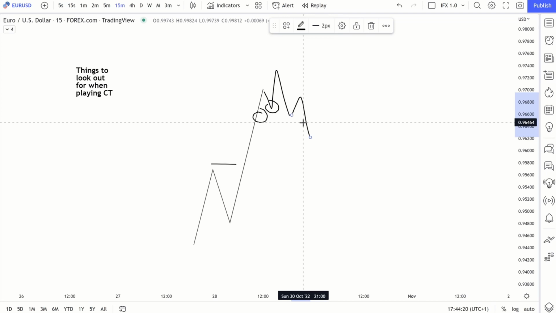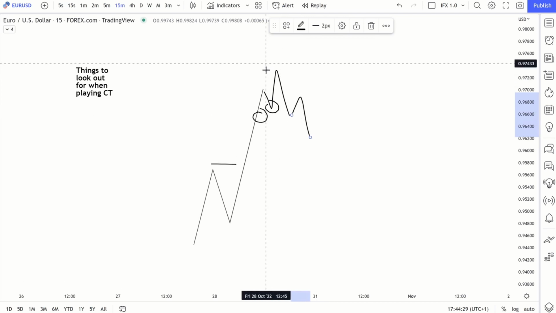Is it a really strong higher time frame zone that we've come into? Is it in line with the expectation of order flow? In this case, it is, because we're looking for a pullback. So these are the things to look out for when you're looking to play counter trend trades.